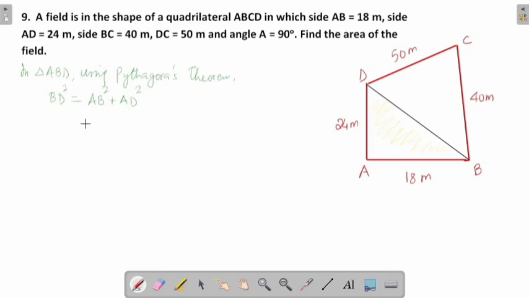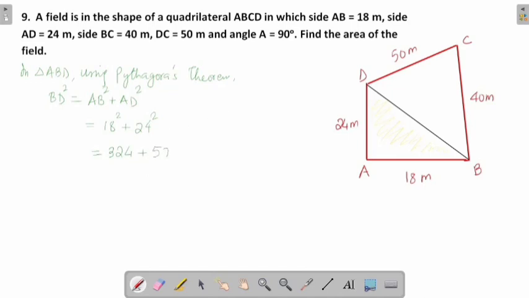Now let's quickly find the value of BD. AB is 18, so it becomes 18 square plus AD square, which is 24 square. Quickly calculate 18 square, it turns out to be 324. Similarly 24 square is 576, right?